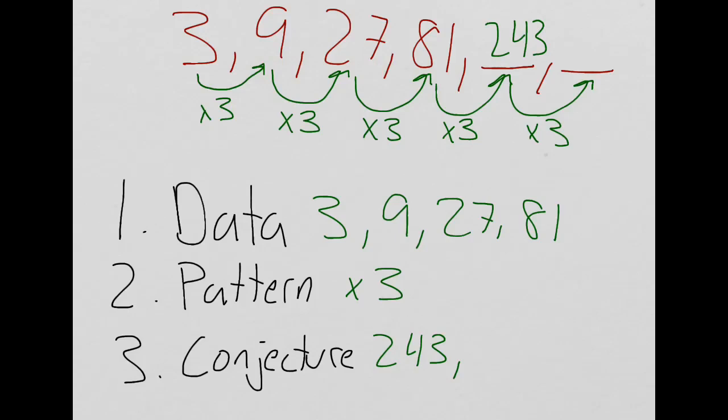And then if I multiply 243 by 3, that's going to give me the nice and big number of 729. So my conjecture is that my next two numbers are going to be 243 and 729.